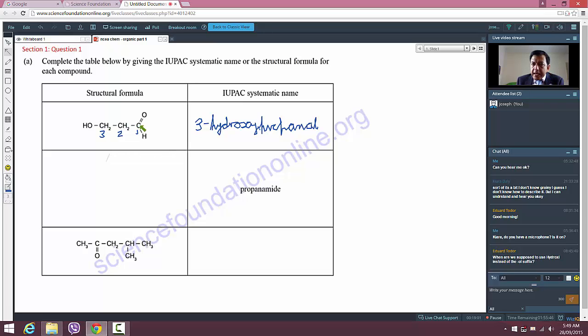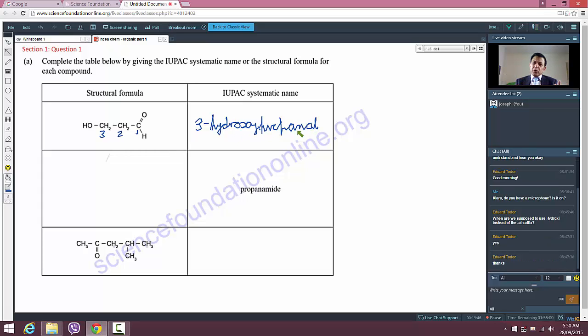So you make the alkanal functional group have the lowest number, the number 1, and that makes the OH substituent be on carbon 3. So this is named as an alkanal and not as an alkanol. So that is why it's 3-hydroxypropanal, and not a propanol of some sort.